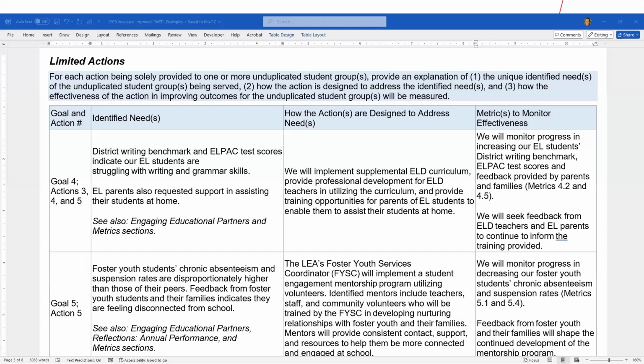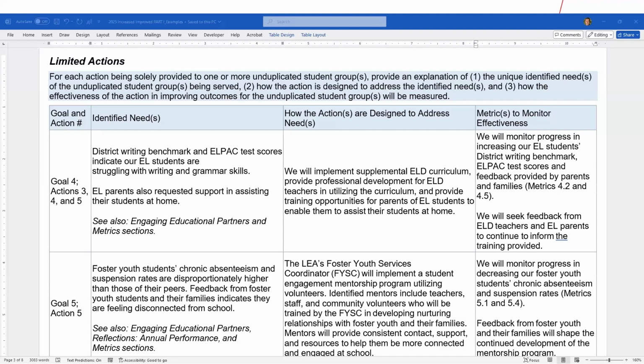EL parents also requested support in assisting their students at home. Boom. So how is the action designed to address the needs, right? Or how are the actions designed? We will implement supplemental ELD curriculum, provide professional development for ELD teachers in utilizing the curriculum, and provide training opportunities for parents of EL students to enable them to assist their students at home.